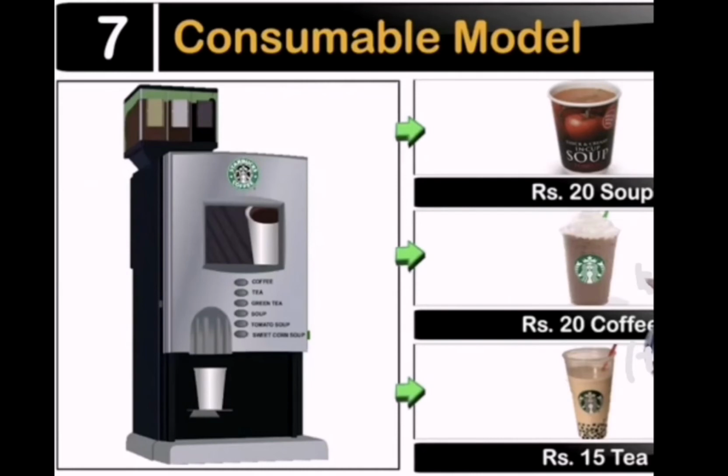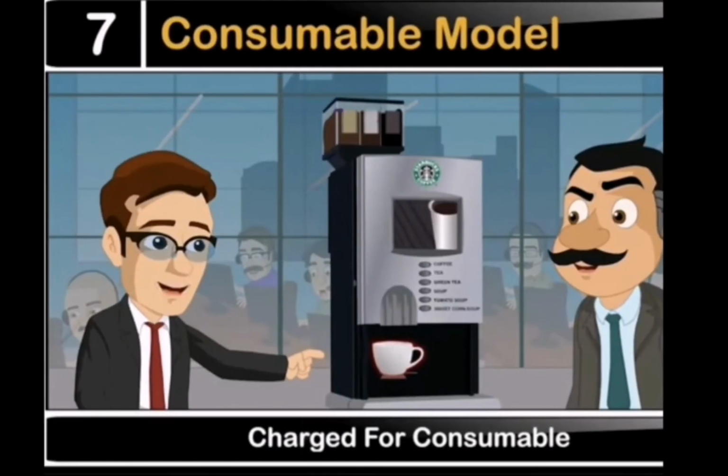You are just charging for the consumable product. Let's say you charge 20 rupees for the soup, 20 rupees for the coffee and 15 rupees for the tea, which is very little compared to your machinery and the efforts that you are putting into making these products. So how will you benefit in this model? In this kind of model, you charge only for the consumable, but your main focus is on the repetition of your customer.